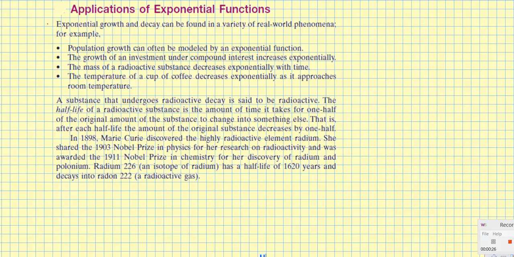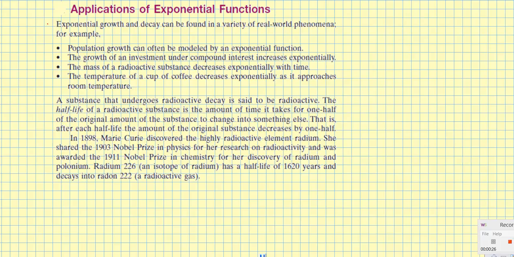All right, so just very quickly, returning for a moment to the radioactive substances. A substance that would undergo radioactive decay is said to be radioactive. Now, the half-life, that's something that some of you who are taking chemistry may be familiar with. The half-life of a radioactive substance is the amount of time that it's going to take for 1/2 of the original amount of the substance to change into something else.